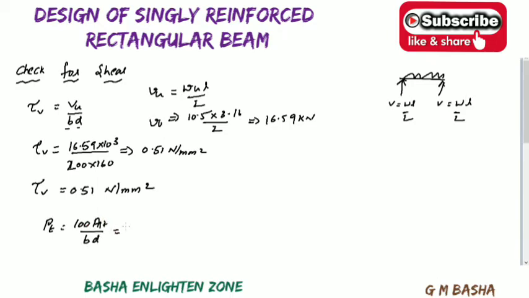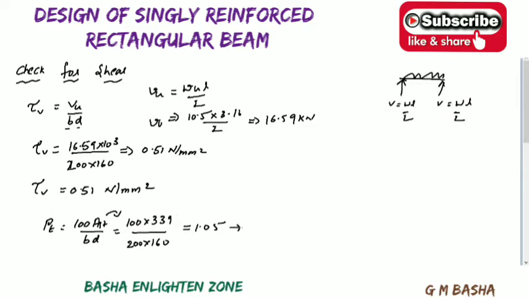So first find out the percentage of steel, that is PT equal to 100 times the area of the steel by B into D. What about this 100 into AST? Already we know that the area of steel we provided is 339.1 mm square divided by B into D, which is 160. That will be equal to 1.05. So here your percentage of steel will be equal to 1.05.